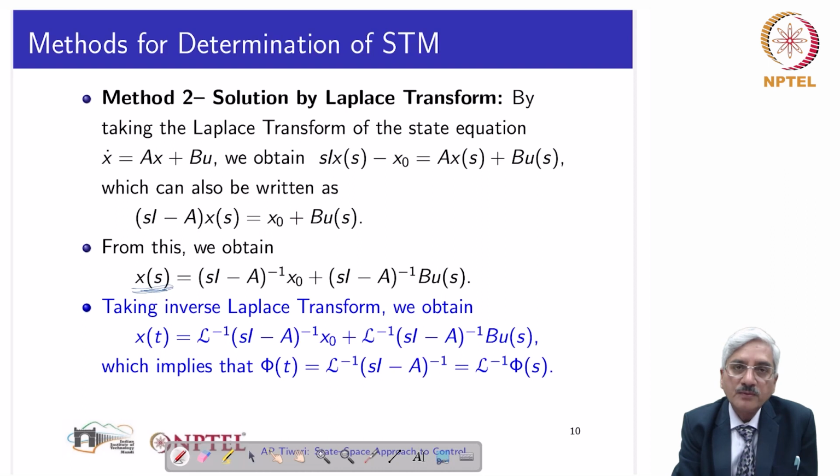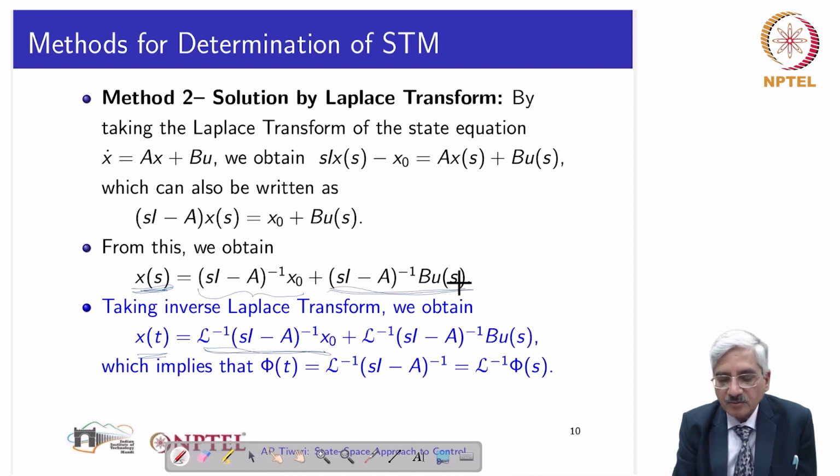Inverse Laplace transform of X(s) is x(t). The inverse Laplace transform is denoted here, and the inverse Laplace transform of this is denoted here. We see that it has so much resemblance with the expression for x(t) which we had written earlier, x(t) equal to e^(At) x(0), etc.